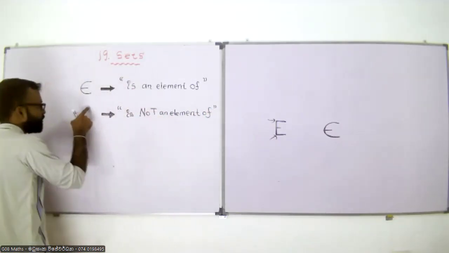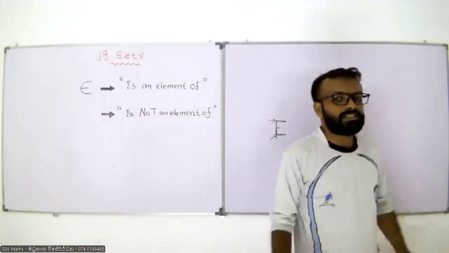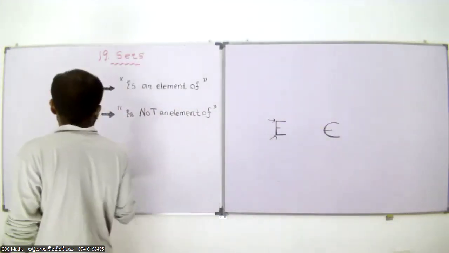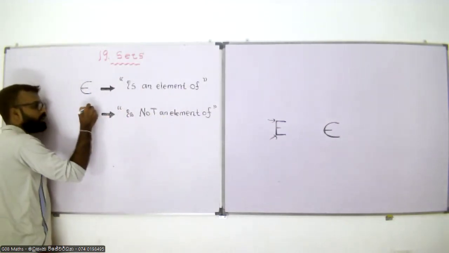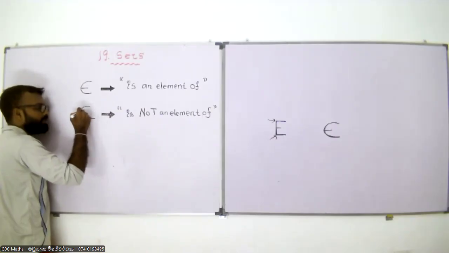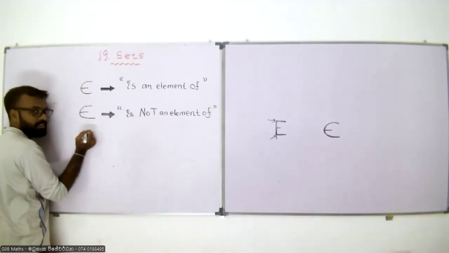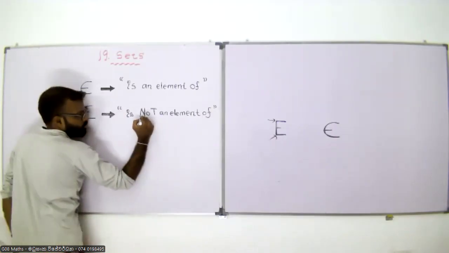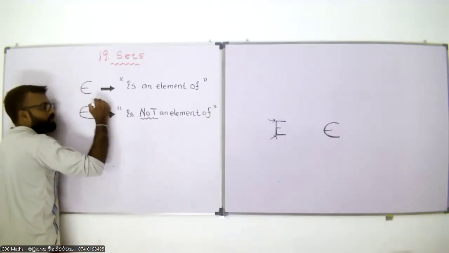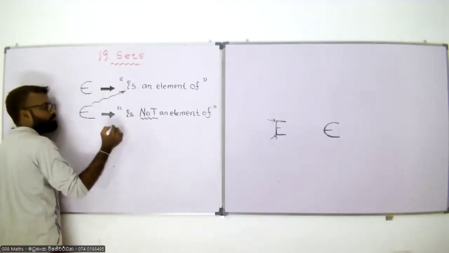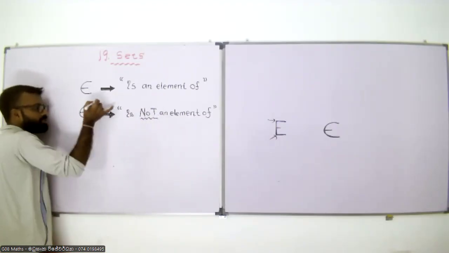First we write "is an element of," that means this epsilon symbol. Now this refers to "is an element of," and "not" means cut.